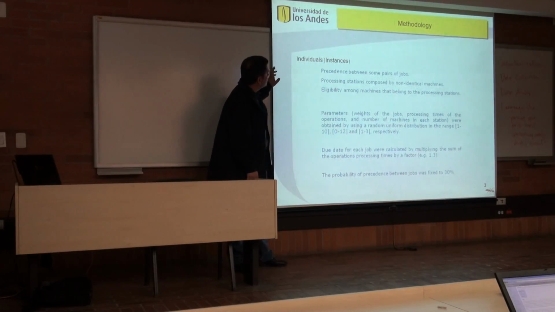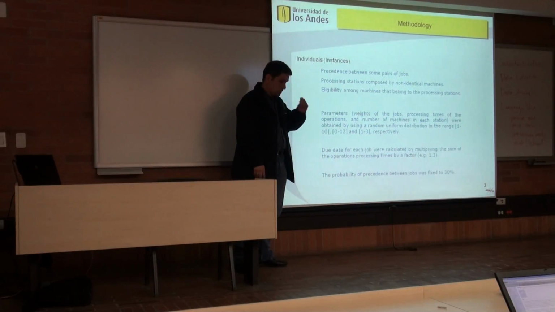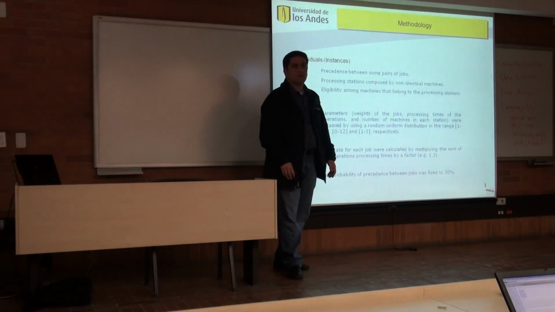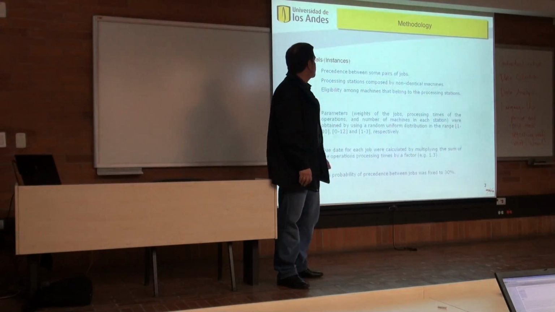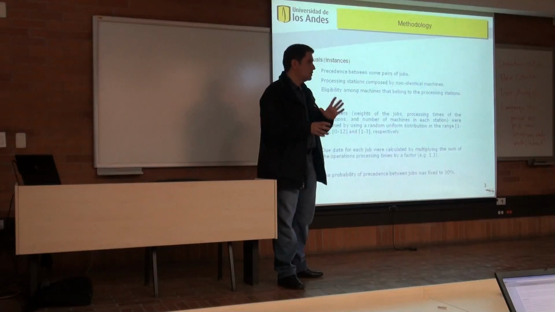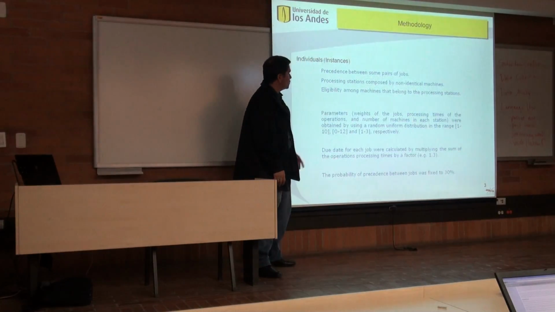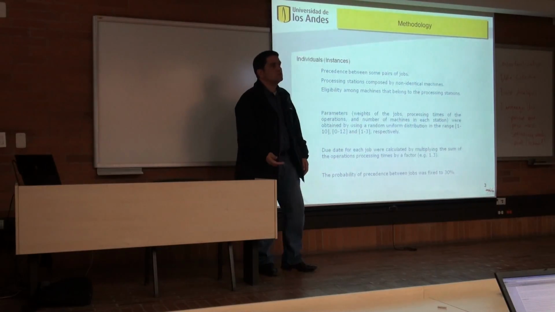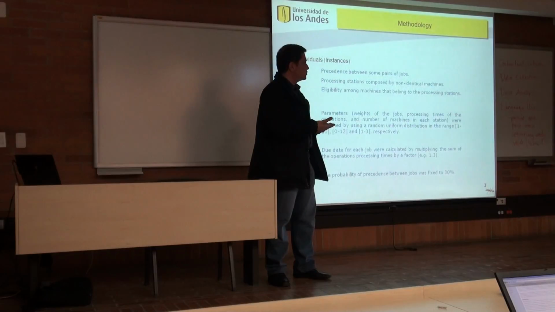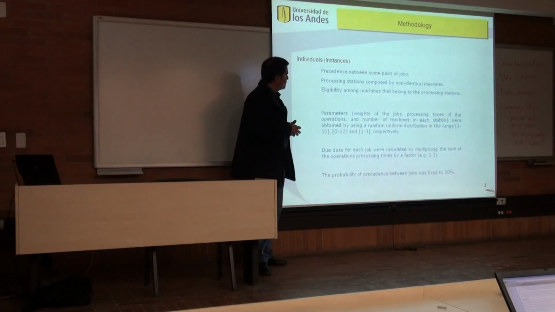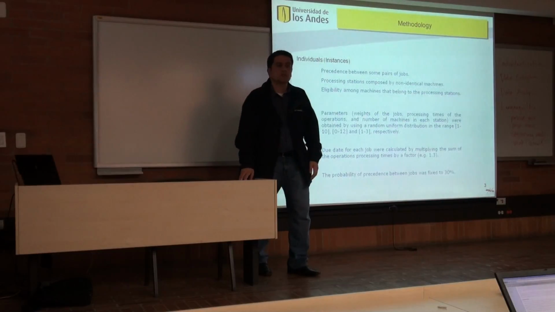We create individual instances with the following characteristics: precedence between some pairs of jobs, processing stations with machines in parallel, non-identical configuration, and the possibility of using one machine or some of them, that is a good setup for processing in the stations.